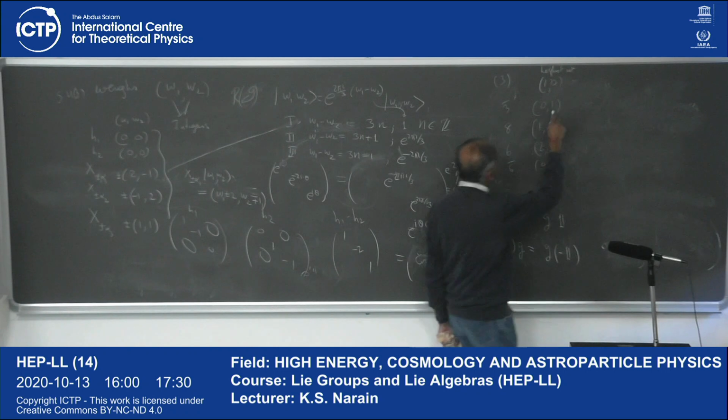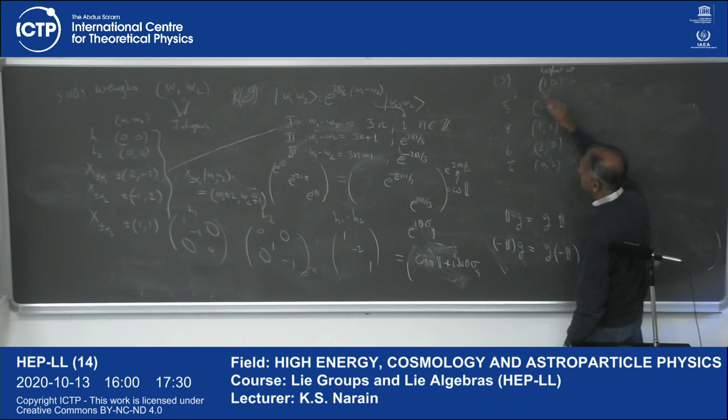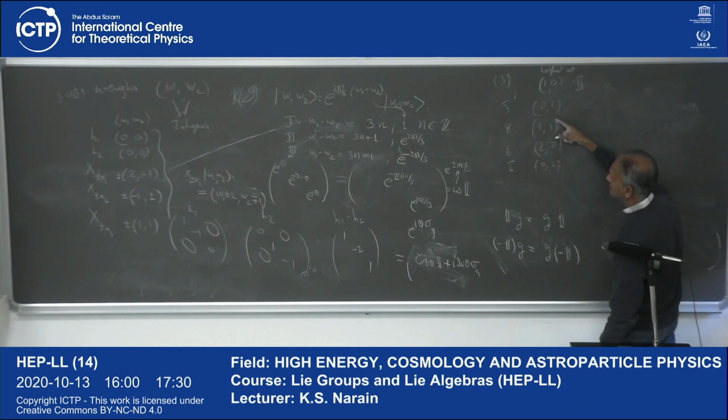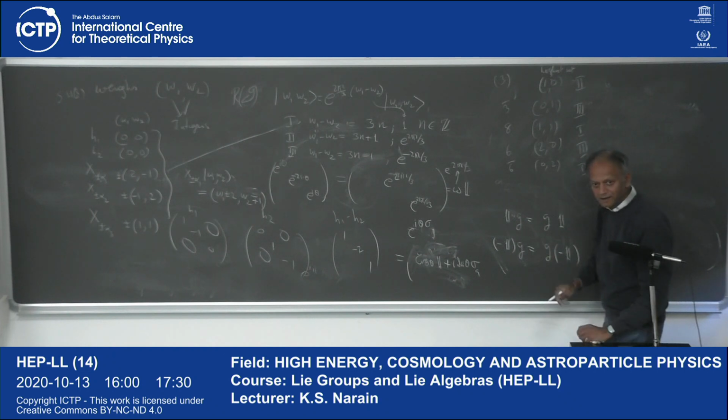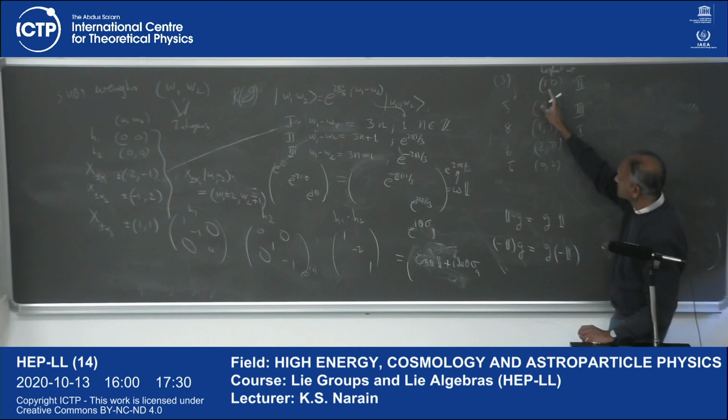So this one is in the second class, this is in the third class, this is in the first class, this one is in the third class, and this one is in the second class, and so on. You can keep going just by counting.